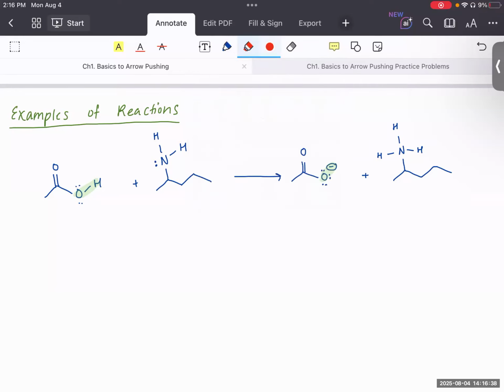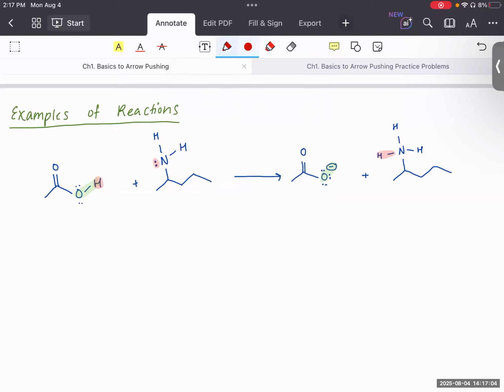We also have that this lone pair in the nitrogen is no longer a lone pair in the products. And so those electrons likely formed a new bond since the nitrogen right here doesn't have a lone pair. And so very likely those lone pairs formed a new bond with a hydrogen. And so the hydrogen that they could have formed a bond with is right here, highlighted in red.